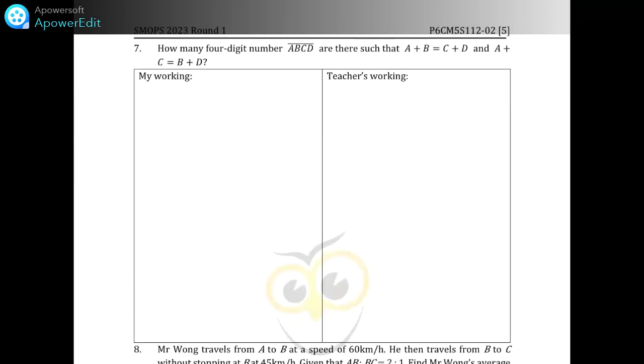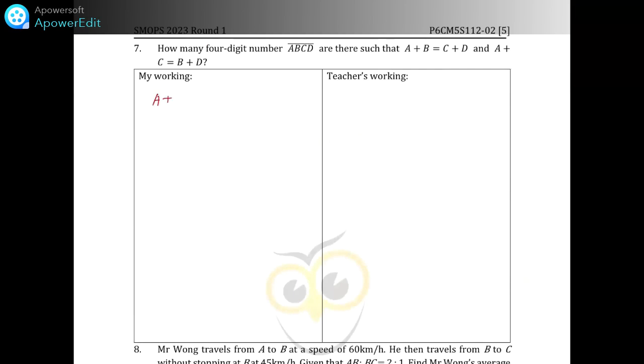Question 7. So we need to satisfy the condition that A plus B equals C plus D, and A plus C equals B plus D. Okay, so let's add them together. I'll write it down first.